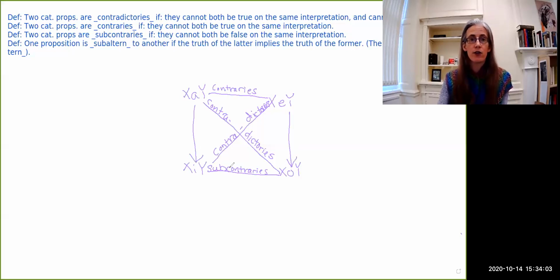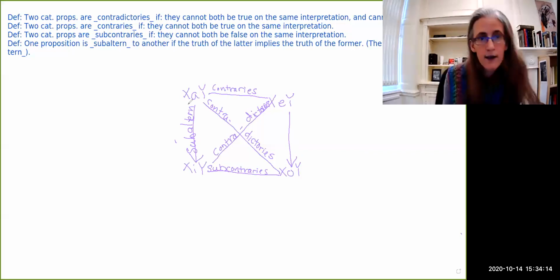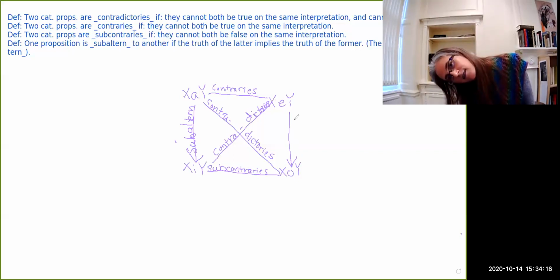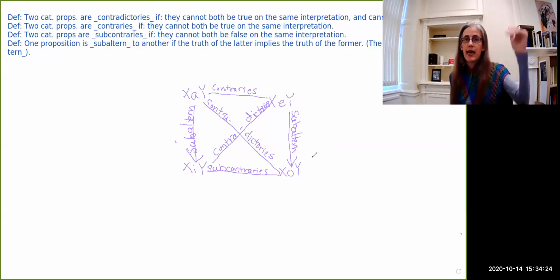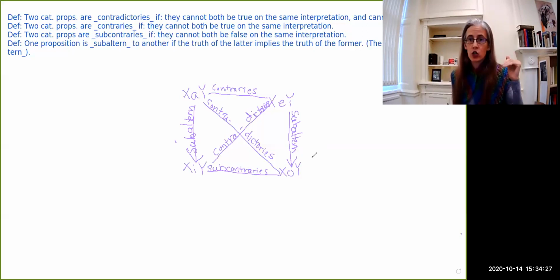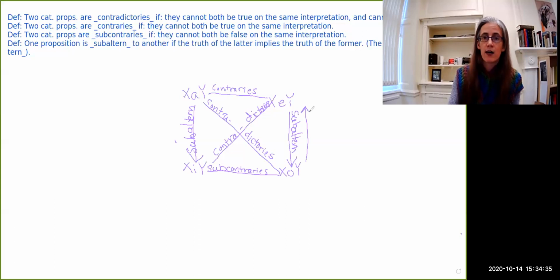And that is why we have the subaltern relationship going from the A to the I. So I claims are subalternate to A claims, O are subalternate to E, and then we have the relationship of the superaltern.